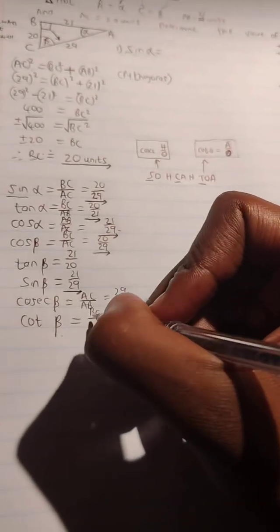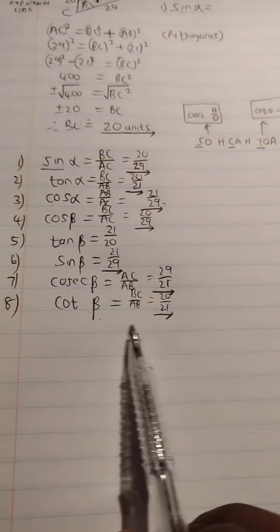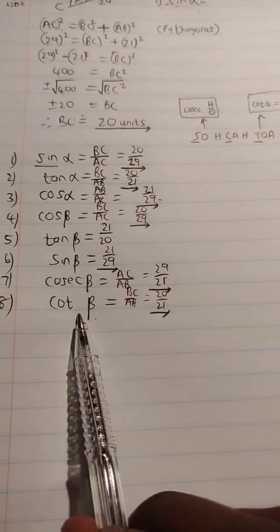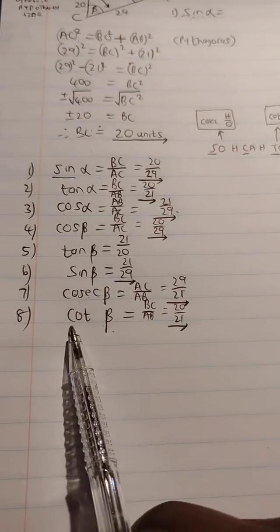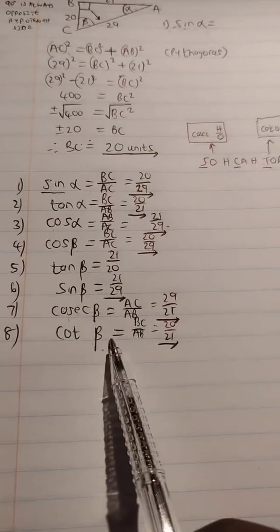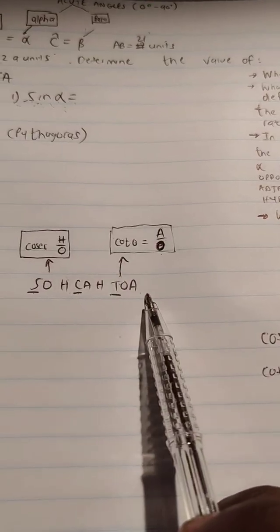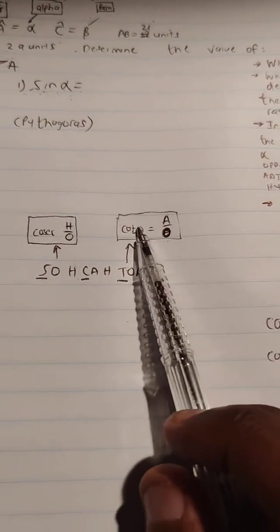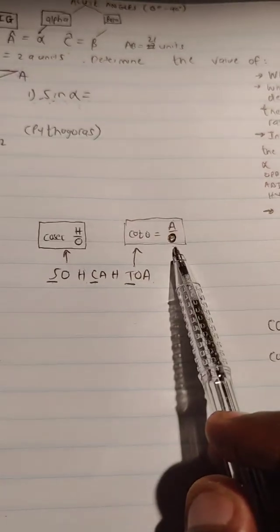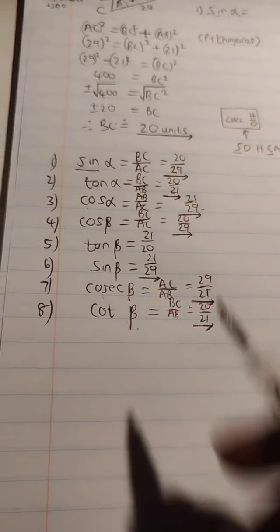So cot beta is BC over AB, which in other words is 20 over 21. That is the expression of cot beta. Because as I said, cot is the inverse, the reciprocal of tan. Tan is opposite over adjacent, TOA. So cot is adjacent over opposite, my beloved grade 10s. So very, very important.